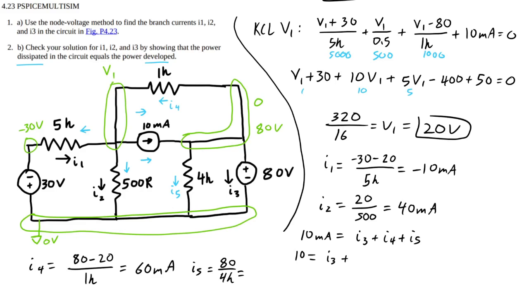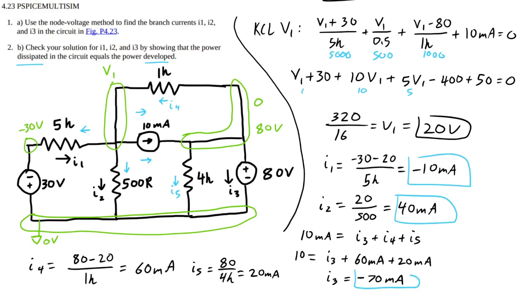Yeah, 20 milliamps. Okay. So we know 60 milliamps and 20 milliamps. So that means that I3 equals negative 70 milliamps. Okay, so now we've found I2, I1, and I3. And we also have I4 and I5, so we can calculate the power developed in the circuit.